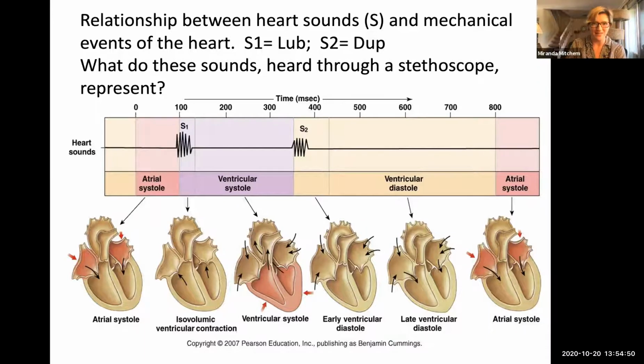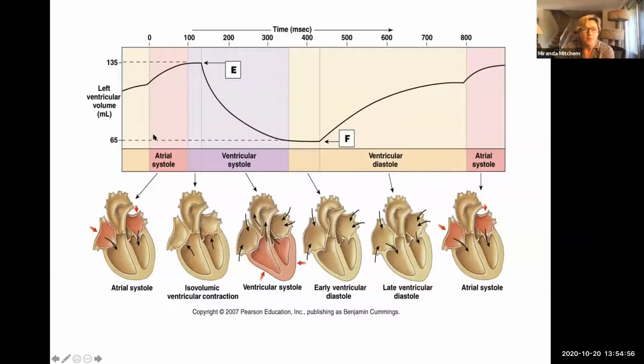Lub and dub, or dupe, I should say. Okay, tying in our volume, it is highest right before ventricular systole and is lowest after ventricular systole. And then it builds back up.